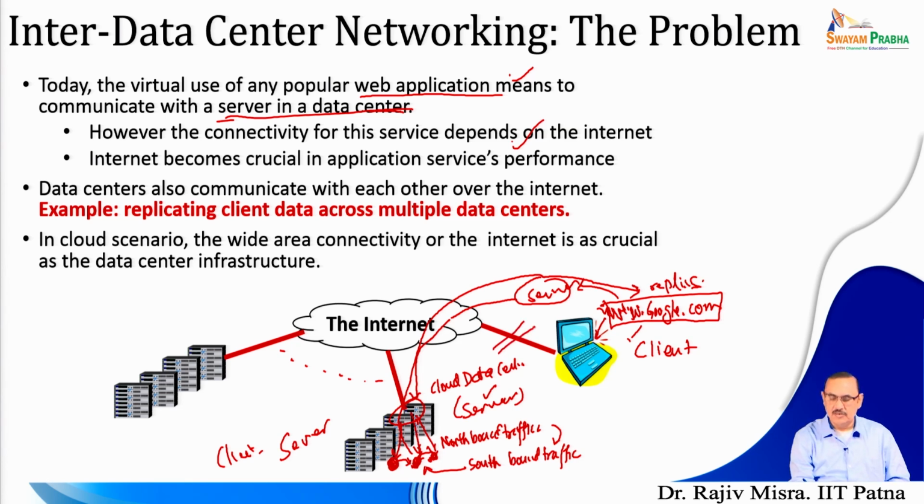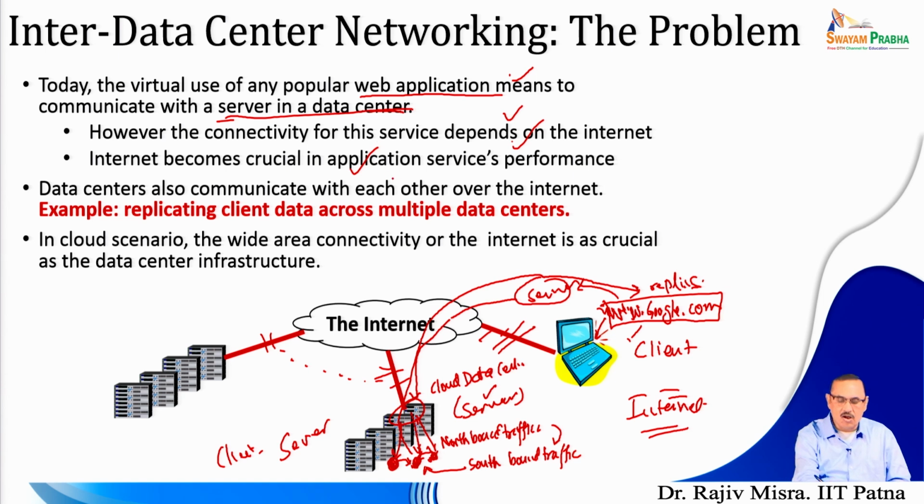So, this particular connection which connects not only to the client, but also different servers, different data centers is all internet dependent. So, the connectivity for this particular service often depends upon the internet. So, internet becomes crucial in the application service performance.